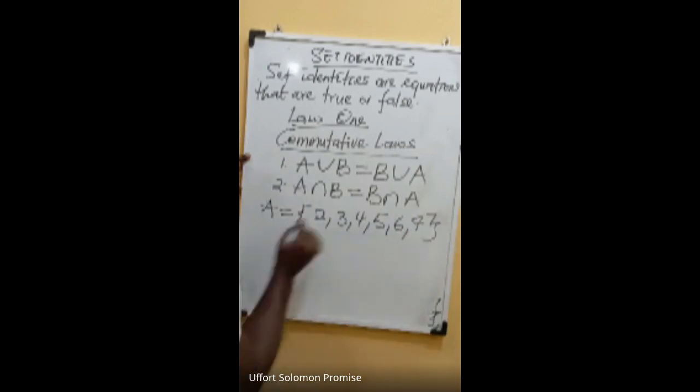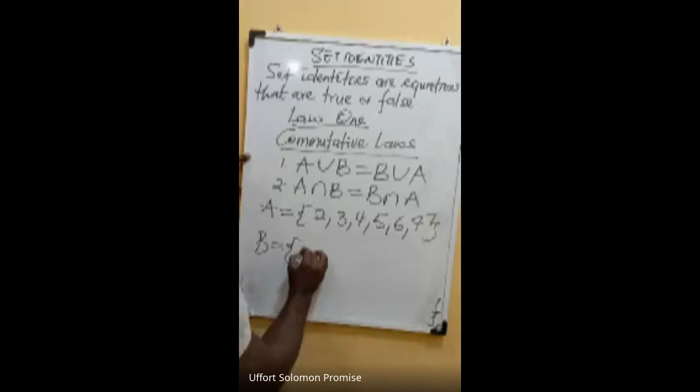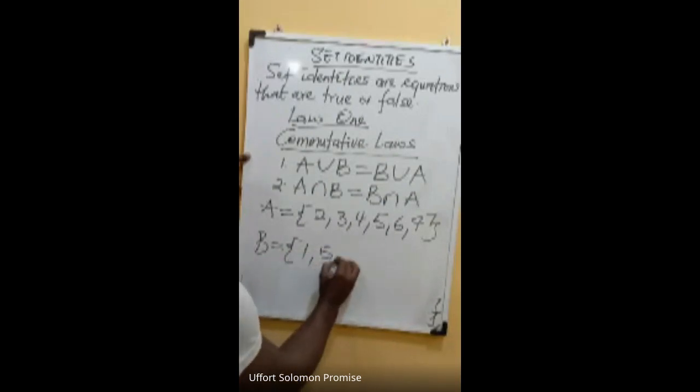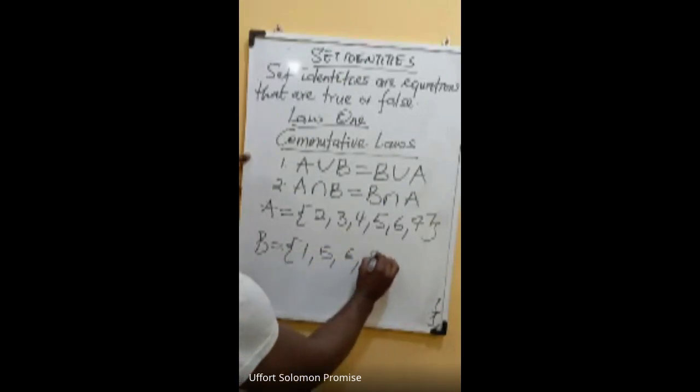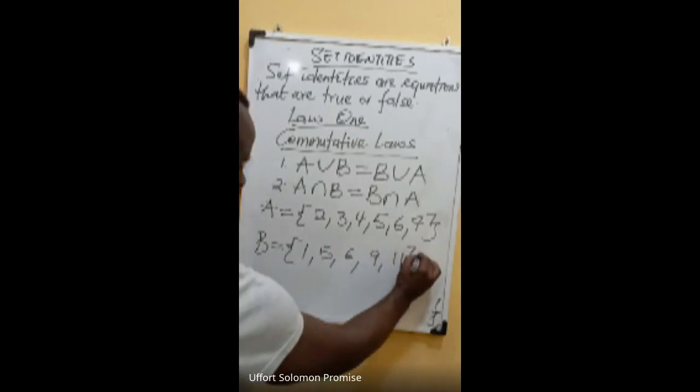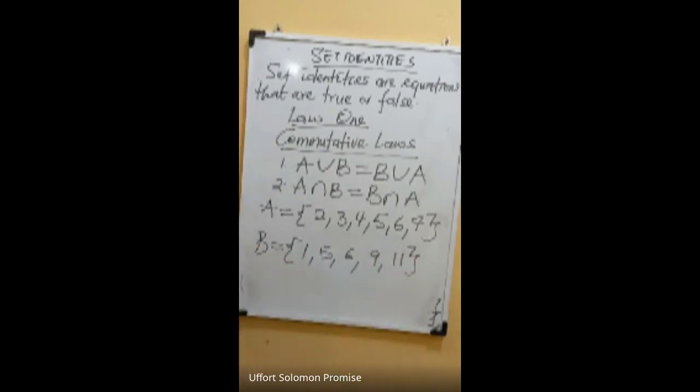Set B has 1, 5, 6, 9, and 11. Commutative means that they are communing, talking with each other.